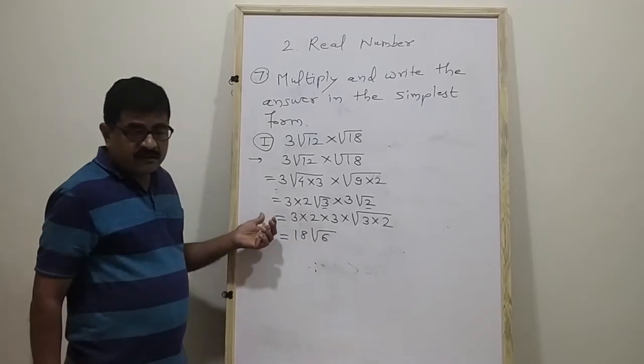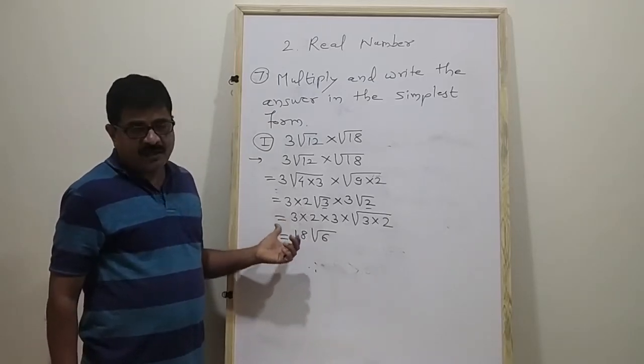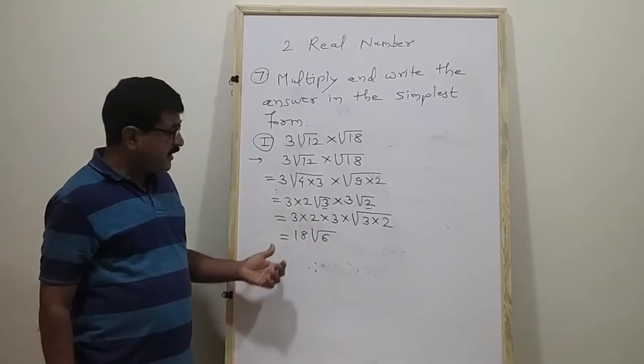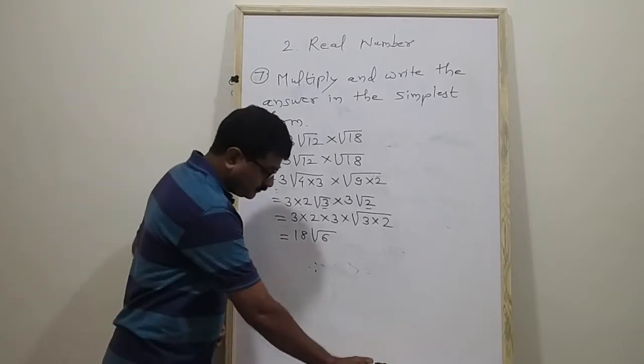This is the multiplication of given example which is in simplest form: 18 square root 6.